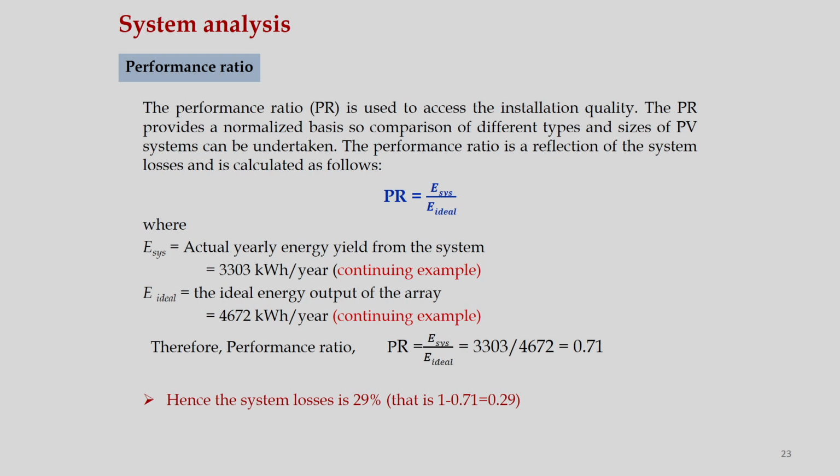Now, we are very much interested in the performance ratio. This is one of the critical parameters of a grid connected PV system. Once we calculate this performance ratio, from that we can confirm the amount of losses taking place in the designed PV system. This performance ratio is used to assess the installation quality.